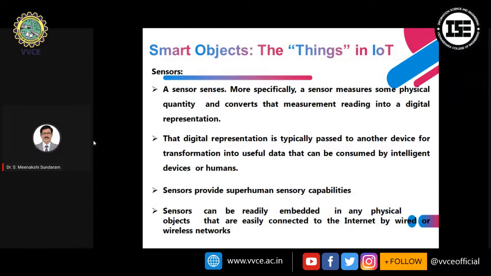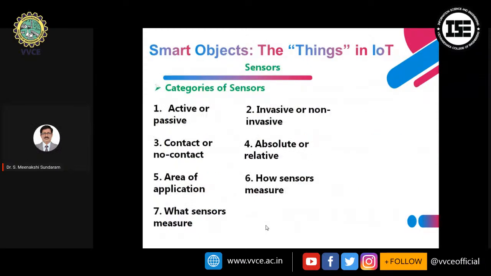That should be made available to human beings or to some other device for understanding these data values and using them for other applications. So sensors provide some superhuman sensory capabilities. Sensors can be readily embedded into any physical objects that can be connected via internet, maybe wired or wireless.